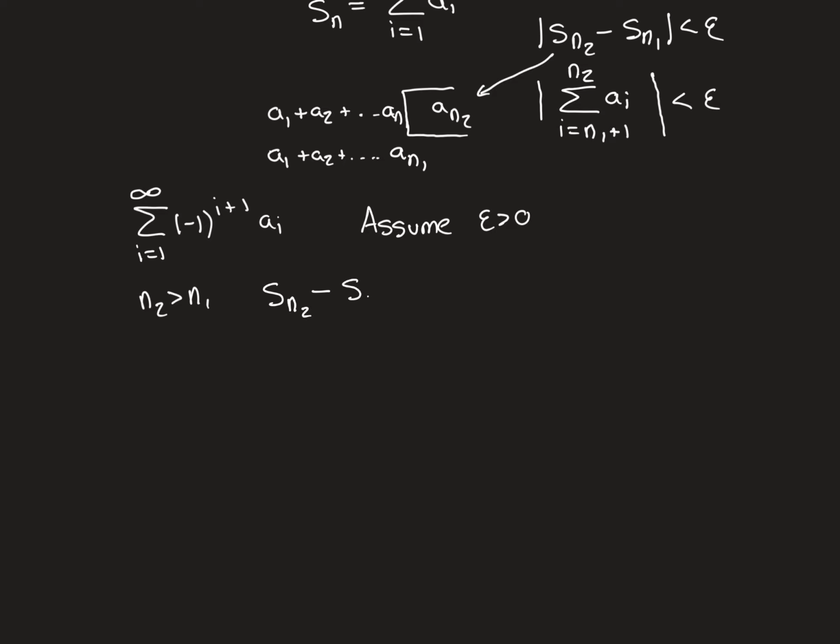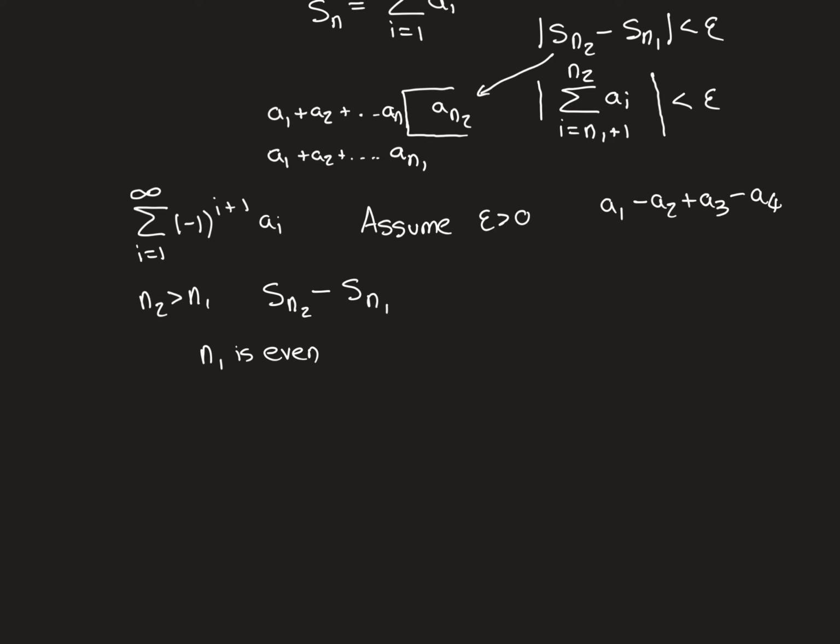And we're going to split it into two cases. Firstly, where n1 is even, and then we'll look at the case where n1 is odd. Now, let's just write out a bit of the series again. So we have, remember, a1 minus a2 plus a3 minus a4. So remember, all the even terms are the negative ones, and the odd terms are the positive ones.